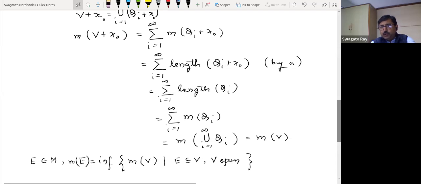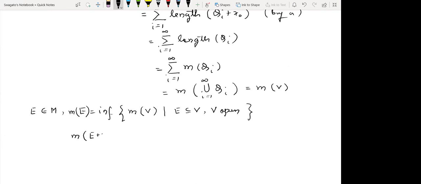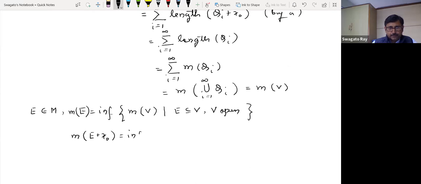And then what do I know? If all these V's are covering E, that means V plus X naught will cover E plus X naught. So the measure of E plus X naught, again by definition, because it is in the sigma algebra, is the infimum of the measure of V plus X naught, where E plus X naught is sitting inside V plus X naught.